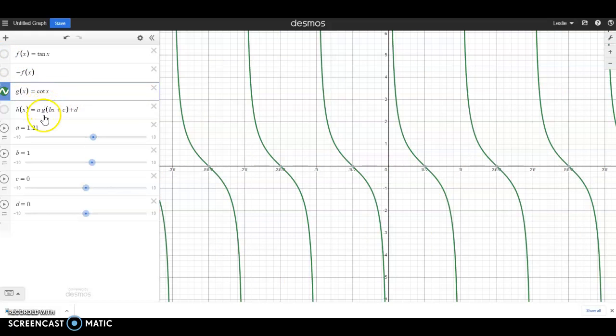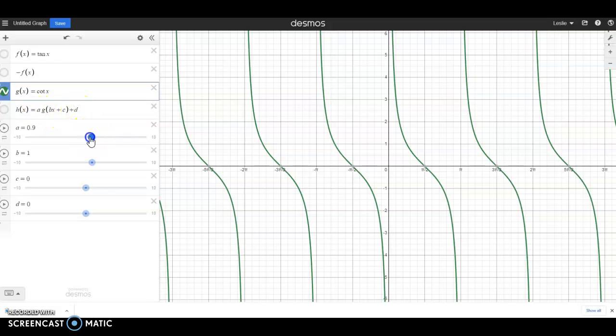Now I'm going to do the same thing with cotangent as I did with tangent, except that this time I've already spelled out what my function is going to look like. First of all, I've defined the function g of x as the cotangent of x, and then I've defined the function h based on the function g. So this says take the function g, multiply its x by some number b and add c to that, multiply the whole function by a, and add d to the whole function, right?